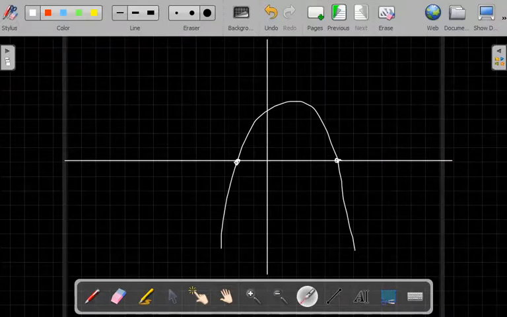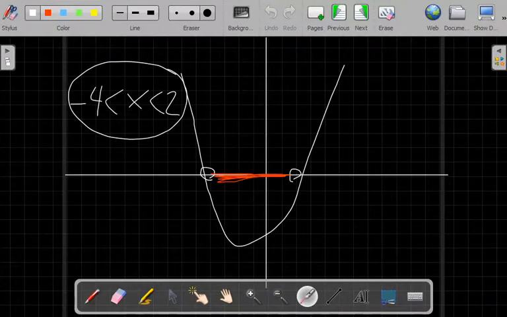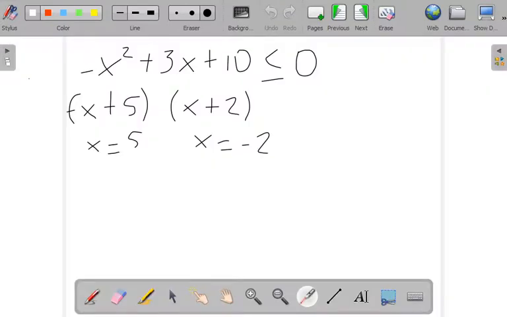So let's start out. We can test a point, let's say 1. 1 is right here. It's within negative 2 and 5. We can see if that makes the statement true. So let's see. Let's erase this.